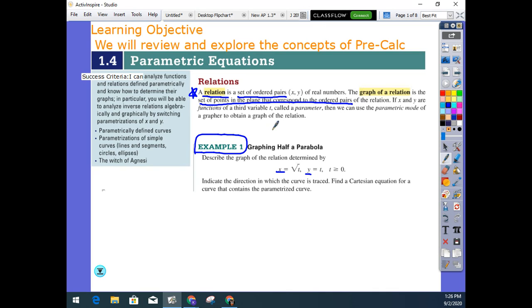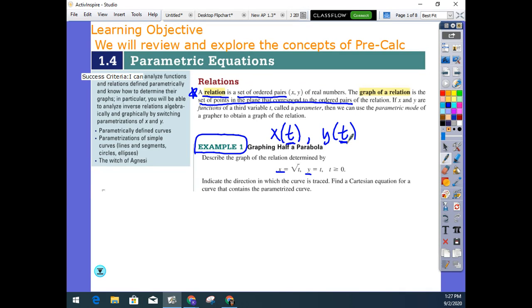So we have x as a function of t, and we have y as a function of t. And think of what does t normally stand for? Time. So we use this in a lot of different situations, but the good news is I just want to introduce it to you in this section.